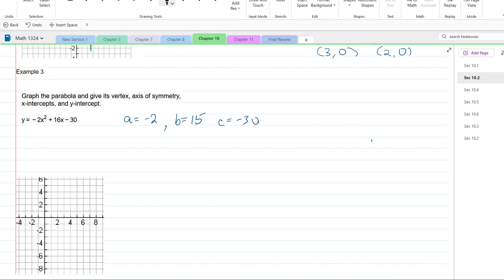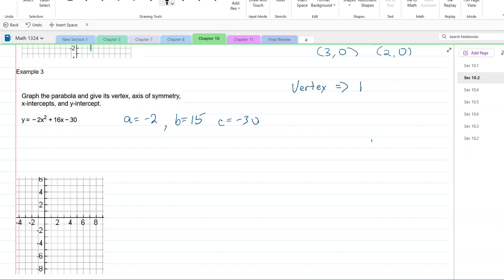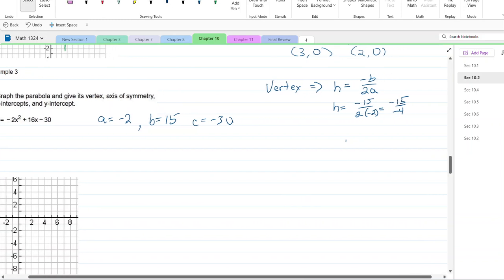All right. But we'll use your calculator and do some basic skills. So we want to do the vertex first. All right. So we want our H. Opposite of B over 2A. So that is a -15 over 2 times a -2. So that's going to be a -15 over -4.